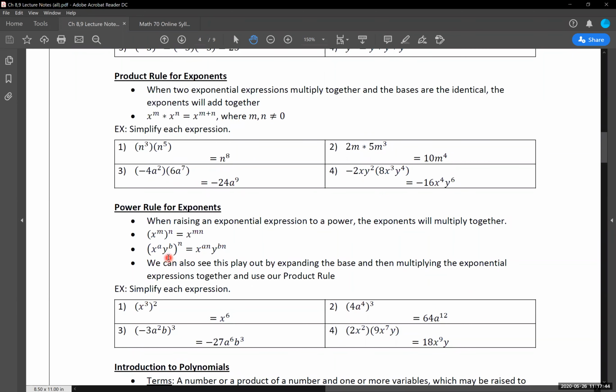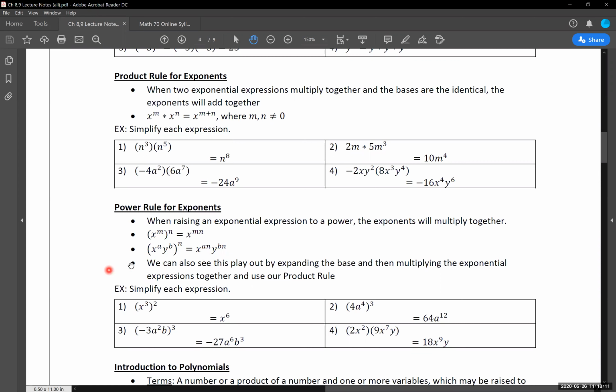Working with y, similar idea. I have y to the b raised to the n, so the exponents are going to multiply together. And I'll get y to the bn. And because everything originally was multiplying together in here, I'm going to have my result have everything multiplying together. So I'll have x to some exponent times y to some exponent, and then we can go from there.